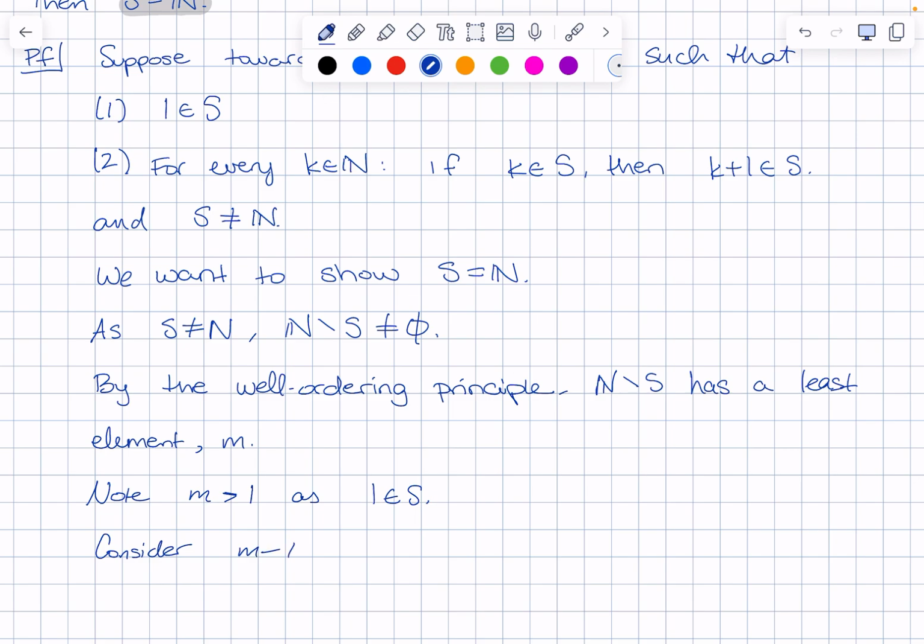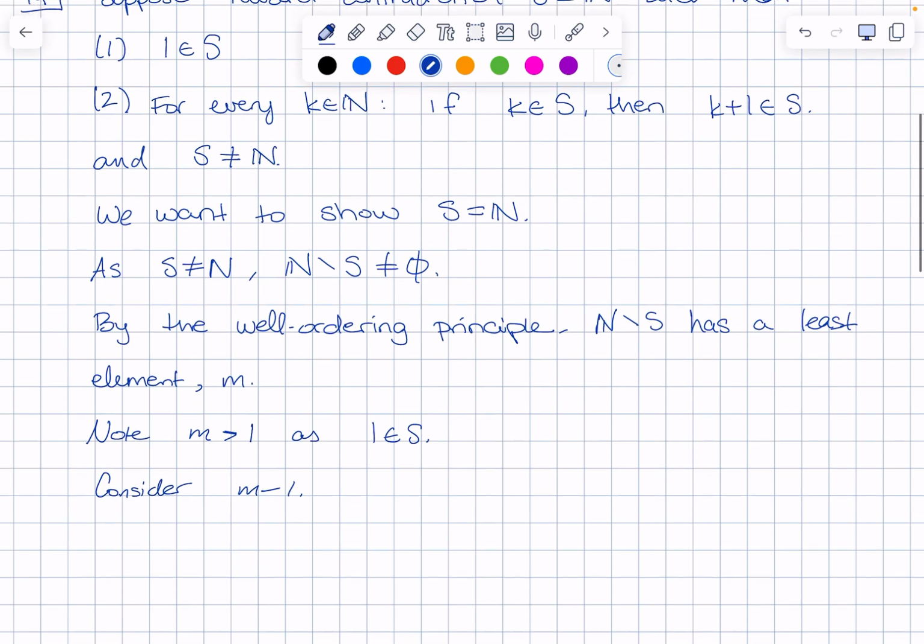So let's consider M minus 1. If M is a natural number, M minus 1 is also a natural number.